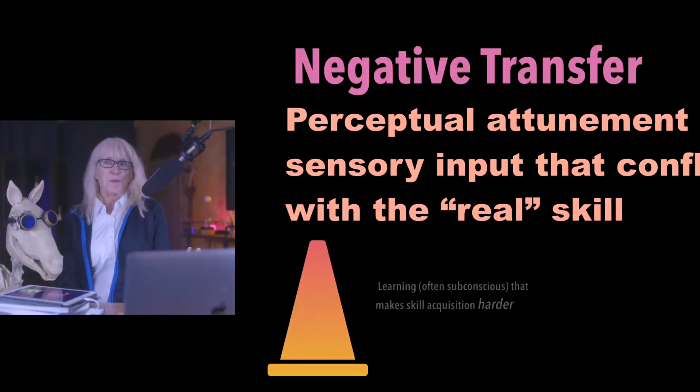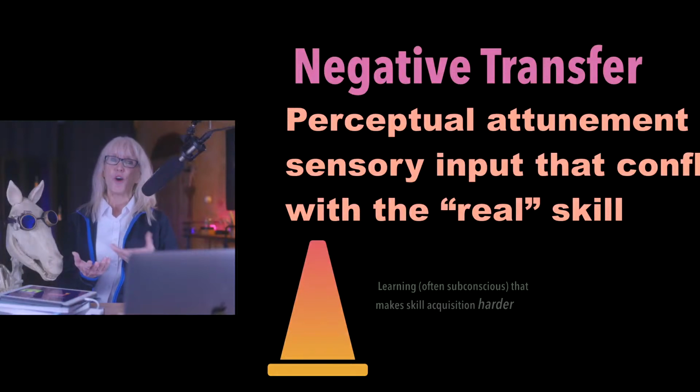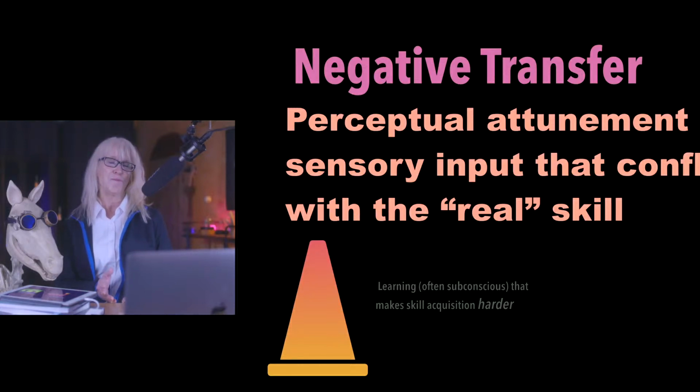Most people say, well, obviously when the player gets out there, he knows that's a human, and it's different. But our movement system has subconsciously acquired and attuned to sensory information about the activity that not only isn't going to be present in the real activity, but interferes with it.